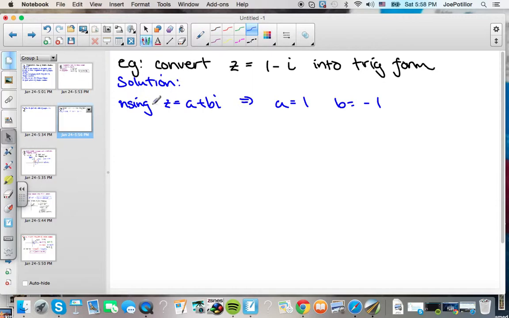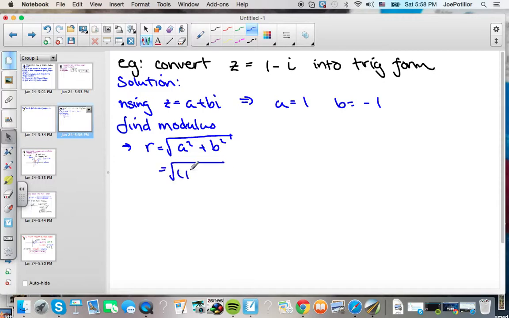So the modulus is going to be r, the square root of a squared plus b squared, the square root of 1 squared plus -1 squared, which is the square root of 1 plus 1, which is the square root of 2.